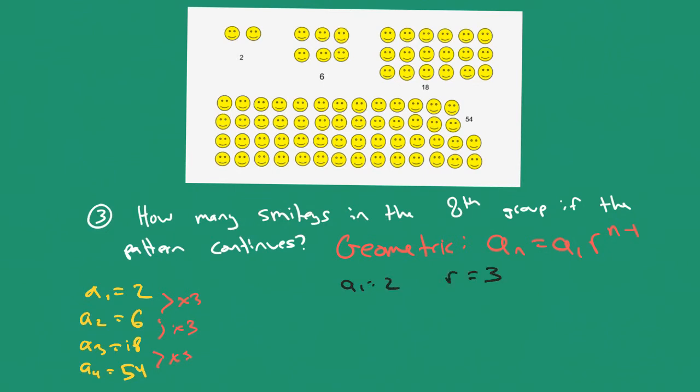So if I want to find the 8th group, I'm going to set up and solve a_8 equals 2, for a_1, times r, which is 3, to the 8 minus 1, which is 7. So on your calculator, you're going to type in 2 times 3 to the 7th, and that's a pretty big number. You should get 4,374. That's a lot of smiley faces.